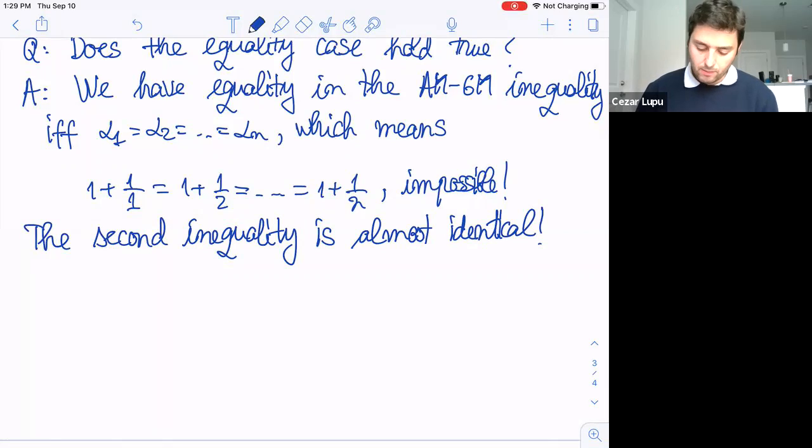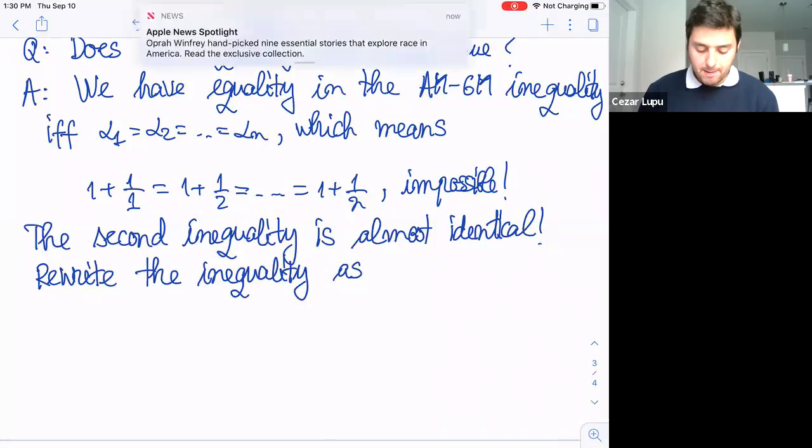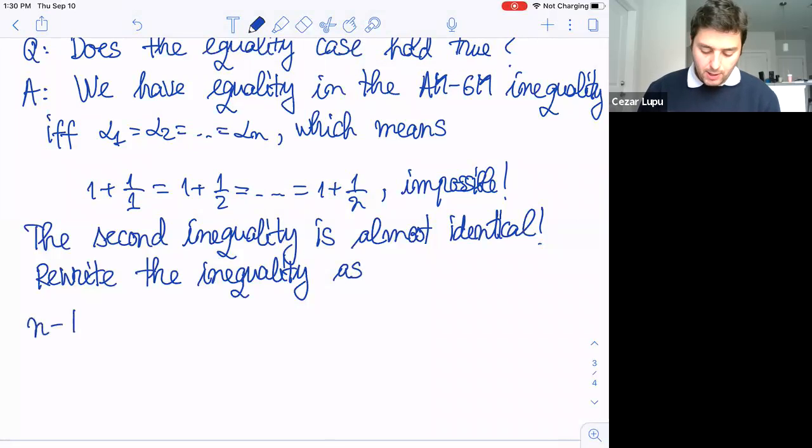So we rewrite the inequality as n minus h n, right? So I rewrite this as n minus 1/1, minus 1/2, minus all the way to minus 1/n.